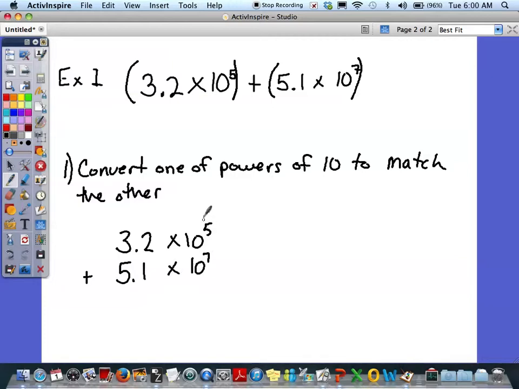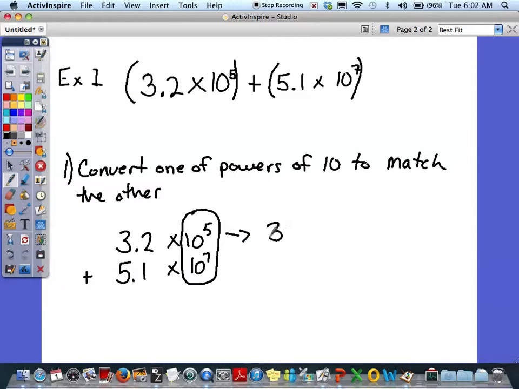The reason we can't do that is these powers of 10 represent the place value of our multipliers. In the number 3.2, we'd move the decimal point to the right 5 times, but in the number 5.1, we'd have to move the decimal point to the right 7 times if we were to convert these to standard form. So the decimal points wouldn't add up. Let me show you.